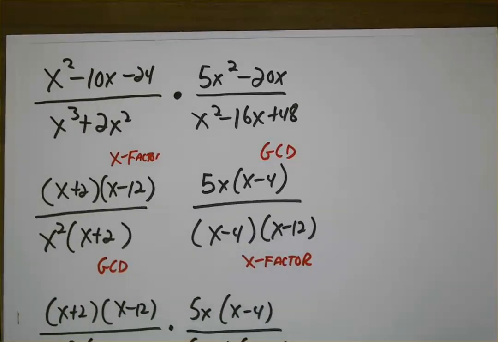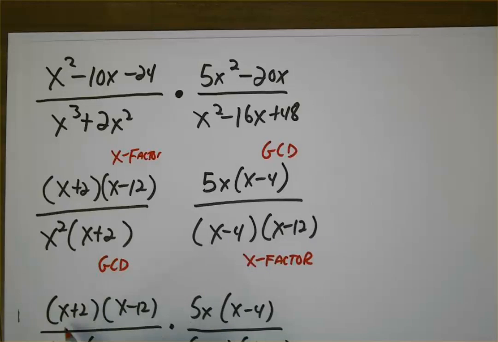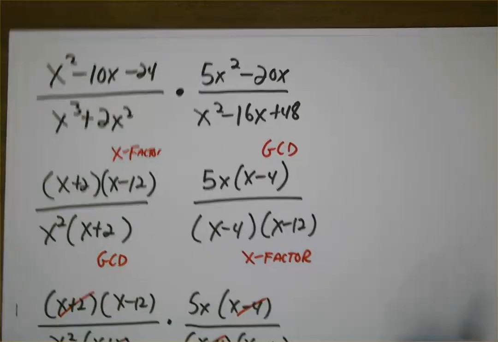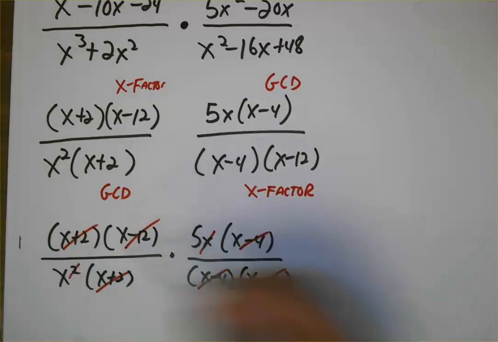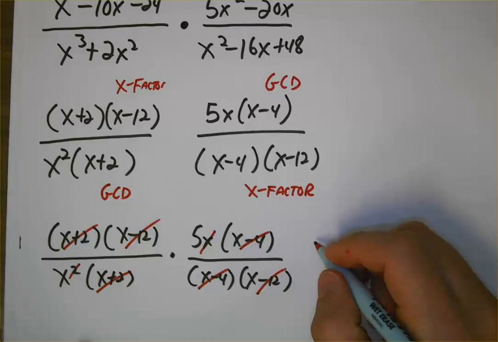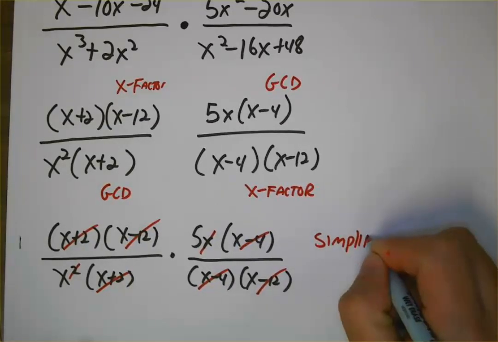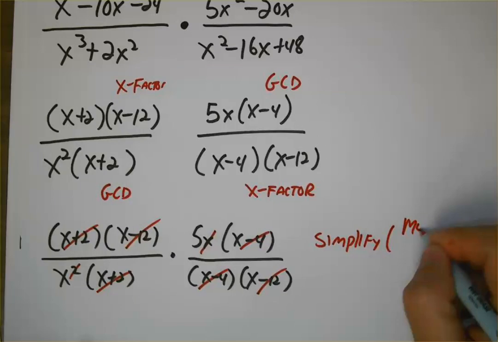You can see the x plus 2 and the x plus 2, the x minus 4 and the x minus 4, and one of those x's simplify, also known as mumbo jumbo.